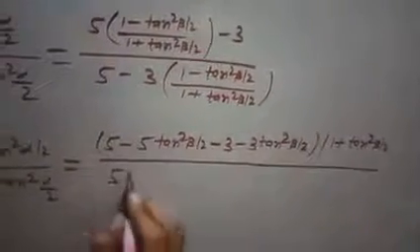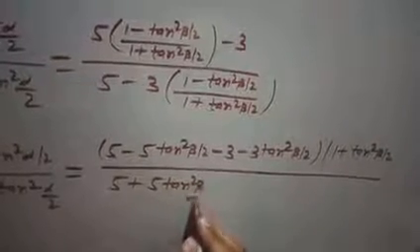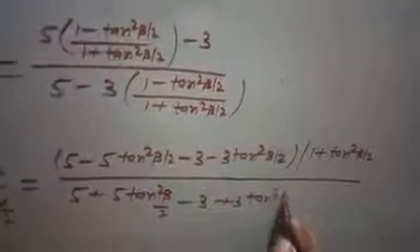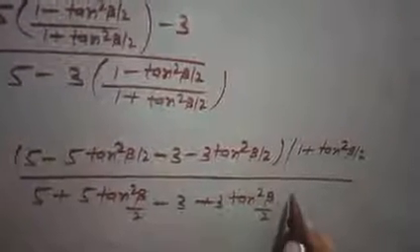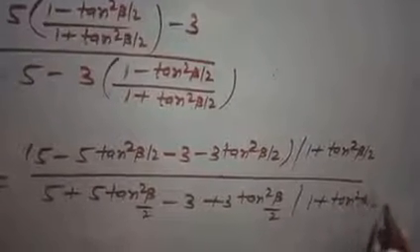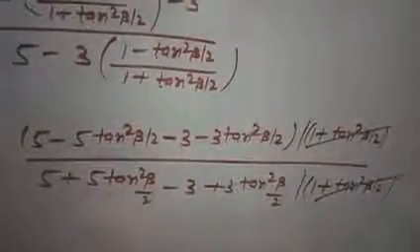Here 5 plus 5 tan square beta by 2 minus 3 plus 3 tan square beta by 2 upon 1 plus tan square beta by 2. So if you see, that can be cancelled out.